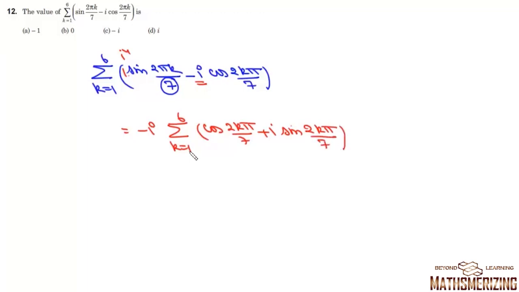Now this summation where k varies from 1 to n minus 1, cos 2 pi k by n plus iota sine 2k pi by n is nothing but minus 1. So this value is minus 1. So the value of this summation will be simply iota, and that's your option D.